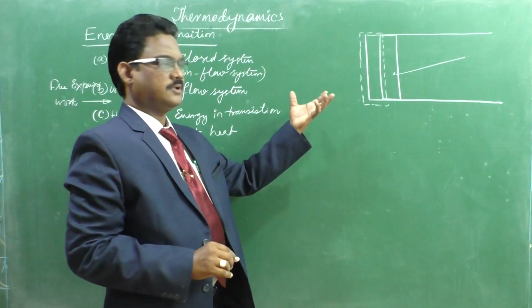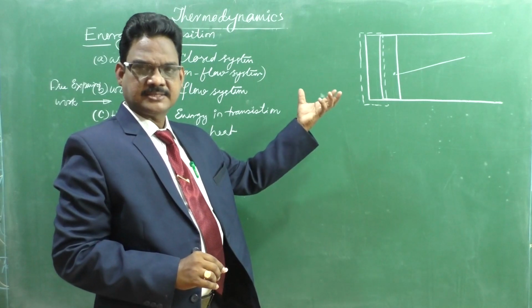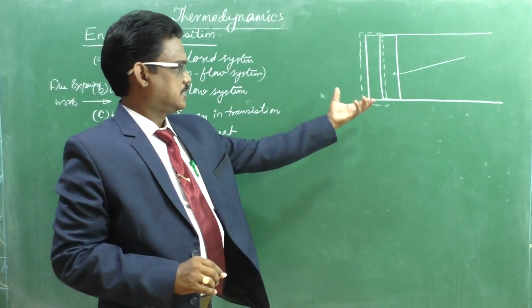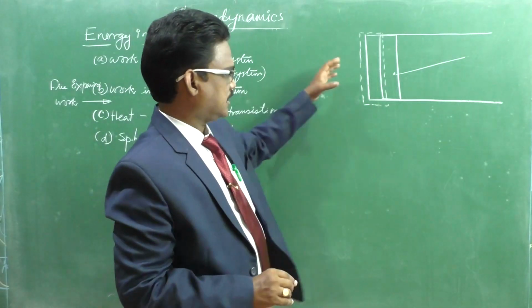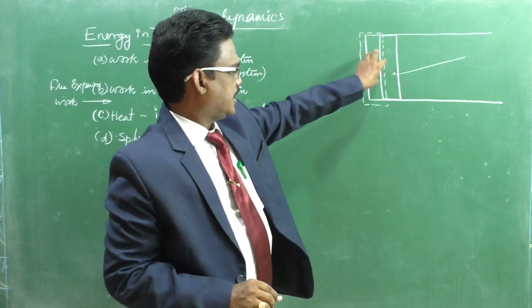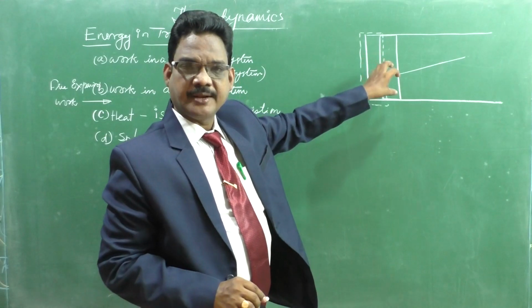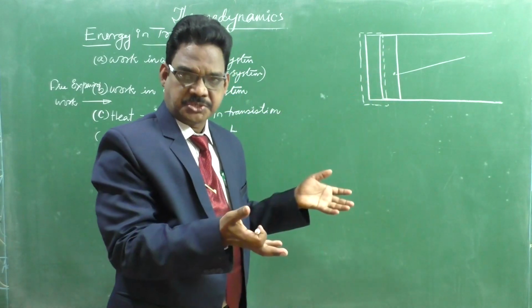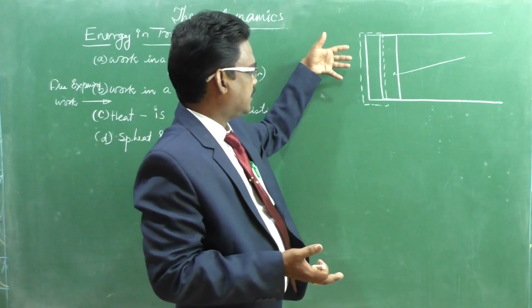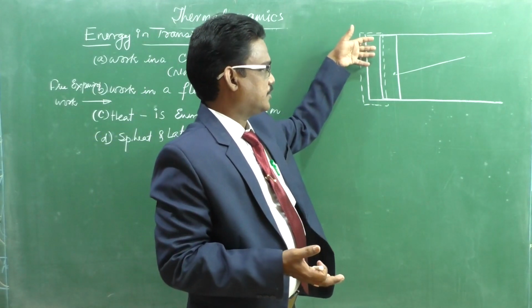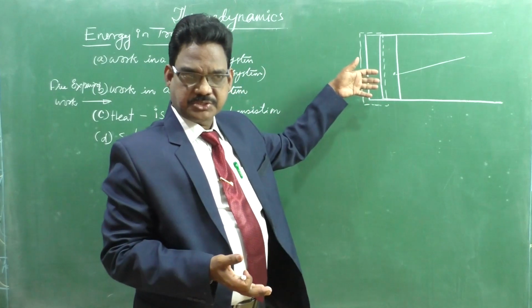If the piston and cylinder system and the boundary up to this, after adding some heat energy, the air which is present inside causes expansion, and the expansion of gas causes application of pressure P over the crown of the piston.